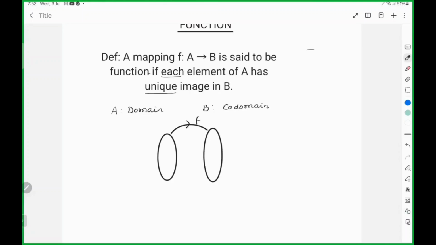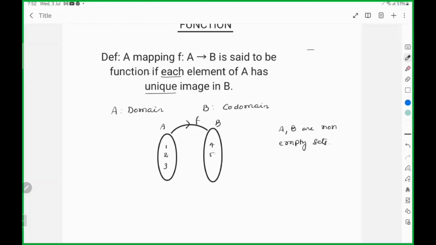So it is F, and here A, B are inputs. Here I am taking some elements in set A. What do A and B mean? A and B are non-empty sets.